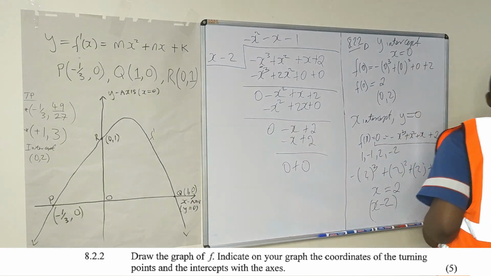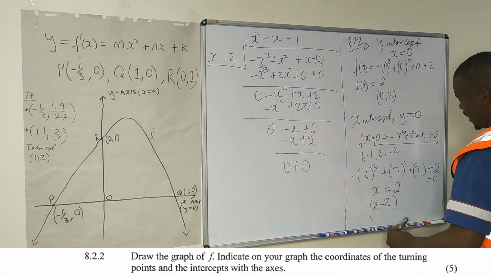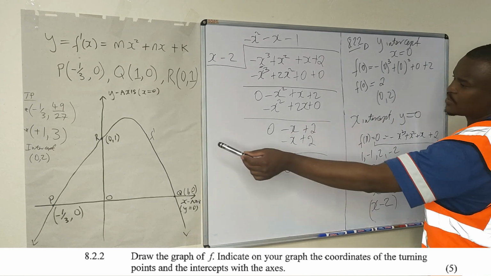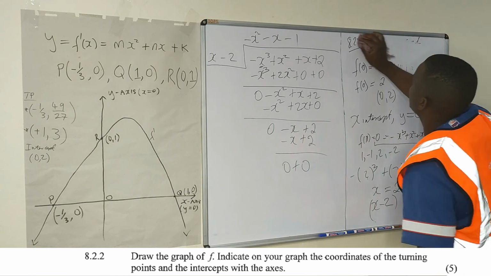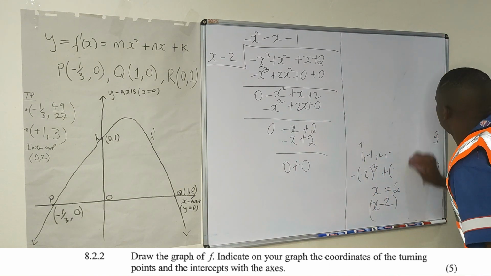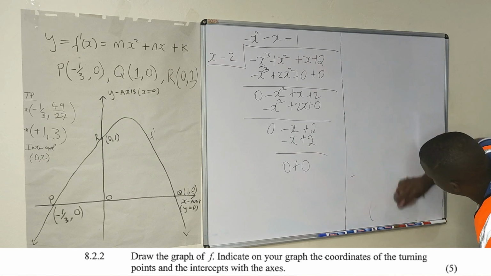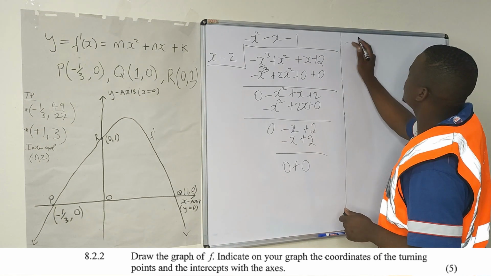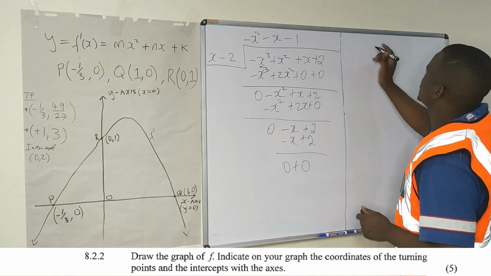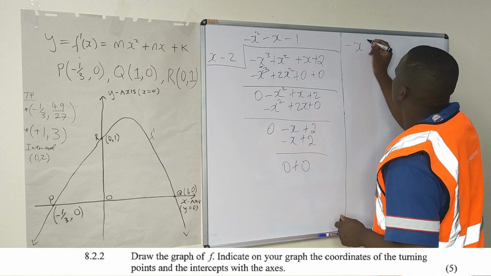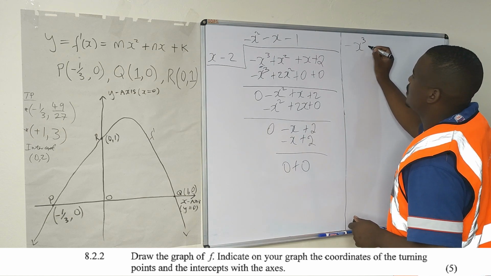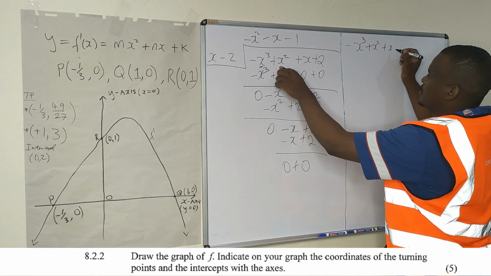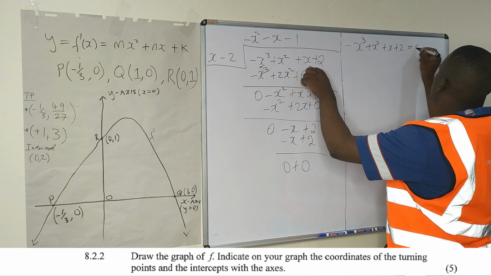So I'm going to clean this part. I think we're happy with it. So I've recorded the intercepts there, so I'm trying to find the x-intercepts now. So what this says is minus x cubed plus x squared, which is this, plus x plus 2 is equal to 0, right?